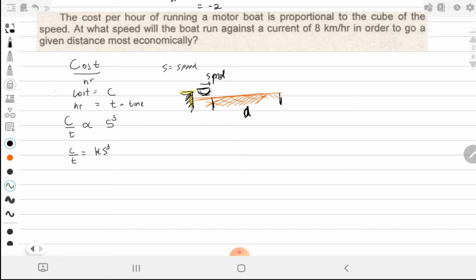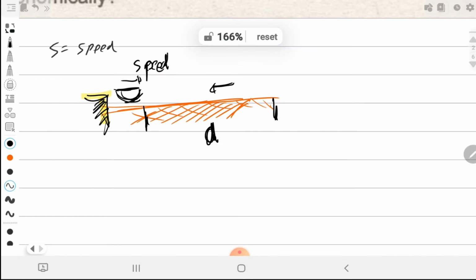But mathematically, you have a current that it needs to overcome, in order to reach the given distance in an economical way. This is the speed of the current. Take note that the speed of the current is against the boat, which is equal to 8 kilometers per hour. So, it is hitting the boat. So, the tendency is that if the boat's speed cannot overcome this, it will not reach point D at the most economical time.